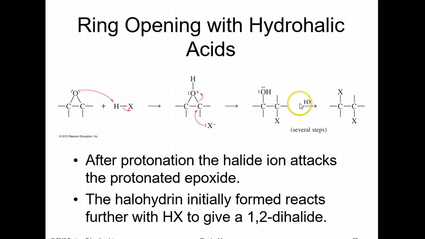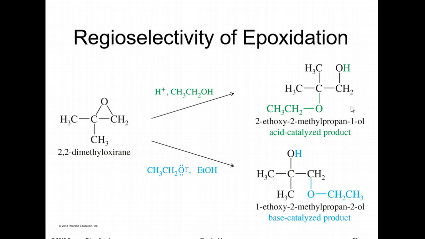But if you keep adding more HX, you're going to get rid of your OH and replace it with X. After protonation, the halide ion attacks the protonated epoxide, and the halohydrin initially formed reacts further with HX to give a 1,2-dihalide. So that's a side reaction you have to be careful of.